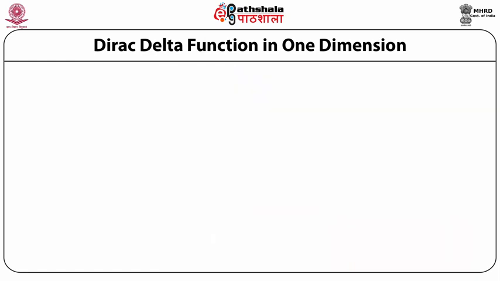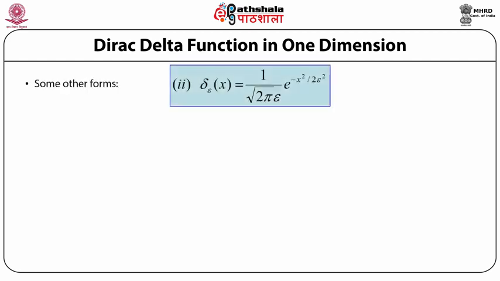Dirac-delta function in one dimension. Some other forms of delta subscript epsilon of x: it is equal to 1 upon square root of 2 pi times epsilon, times e to the power minus x square by twice epsilon square.